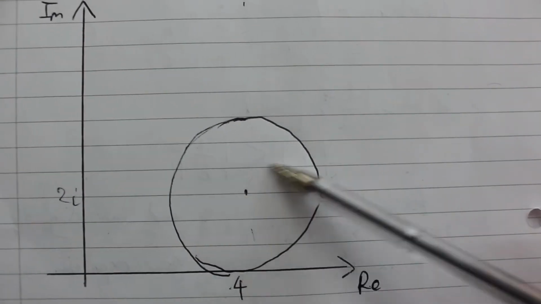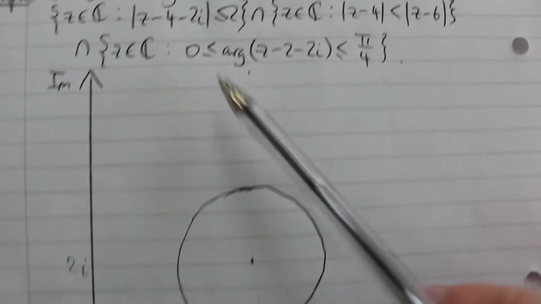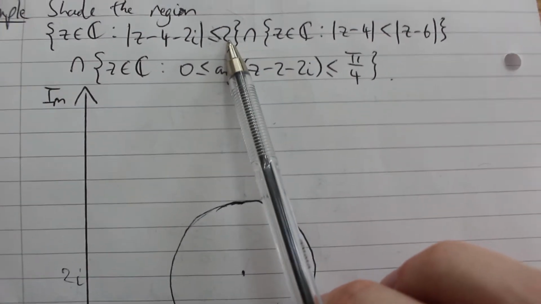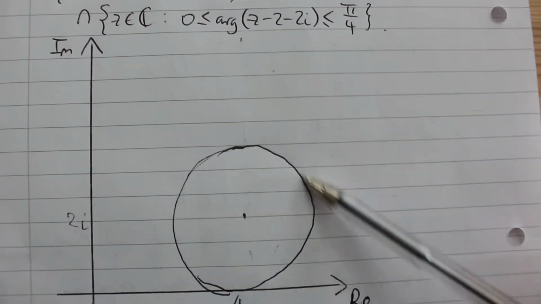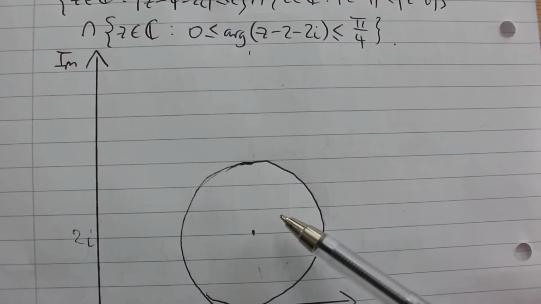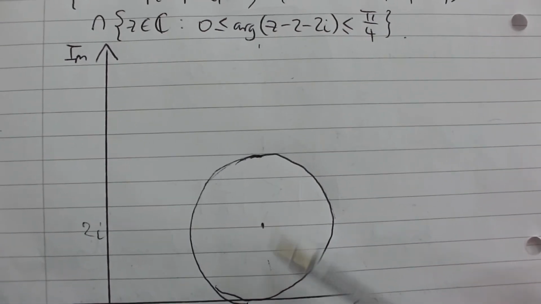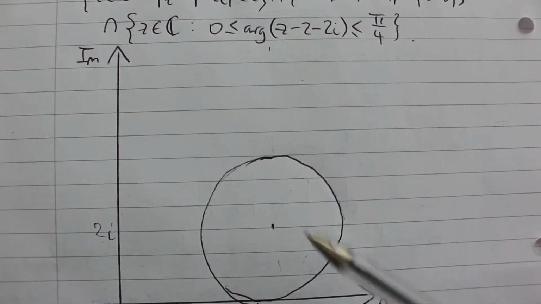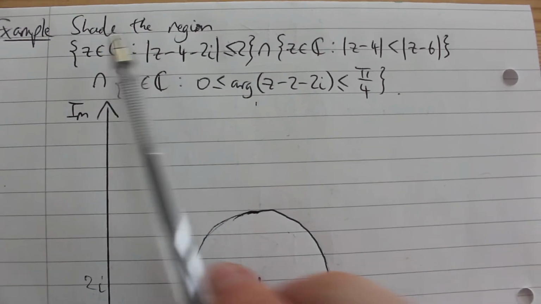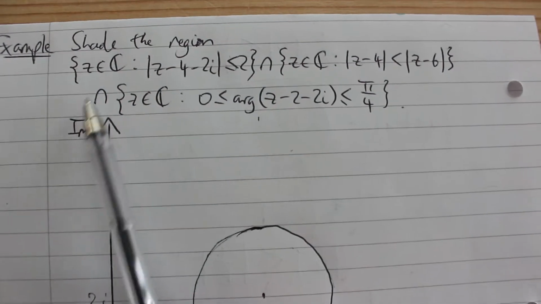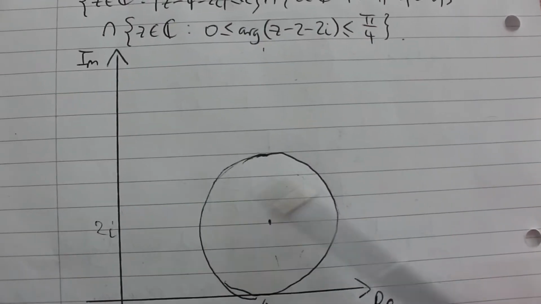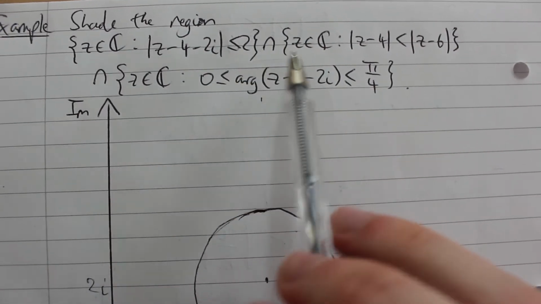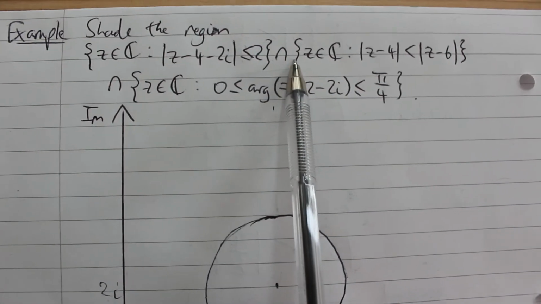That's going to be inside the circle, because this is saying the distance of z from 4 plus 2i is less or equal than 2. So the distance is 2 everywhere on the circle, and it's less than 2 everywhere inside the circle. So this closed disk, including the boundary, is the first set. If we just wanted to shade this, we'd shade everywhere inside the circle, but we won't do that just yet, because we'll draw all three regions first.